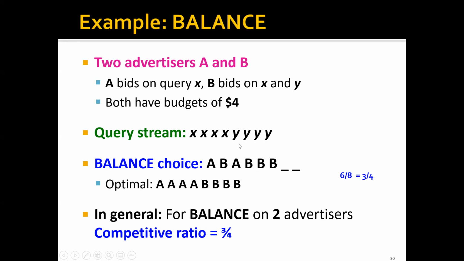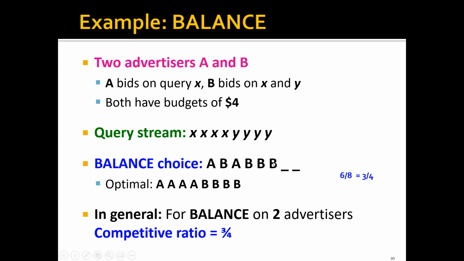And when the fifth query comes, which is the Y, since at this point only B bids on Y, and B still has some unspent budget, we can assign this fifth query Y to advertiser B. And similarly for the sixth query, we can also assign it to advertiser B.